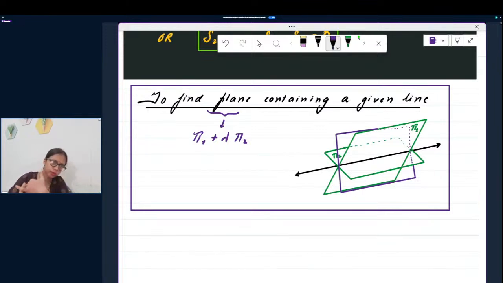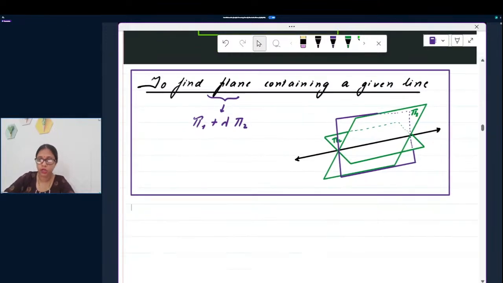That point on the line is also a point on the plane because I want a plane containing that given line. If that point is on the plane, I know how to find the equation of a plane passing through that point: A(x minus x1) plus B(y minus y1) plus C(z minus z1). After that, how to find capital A, capital B, capital C? I have the direction ratios of the line, which will be all perpendicular to the direction ratios of the normal of the plane. So you can find that as well.